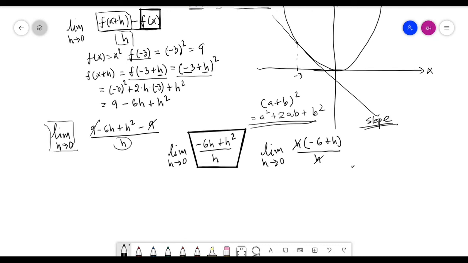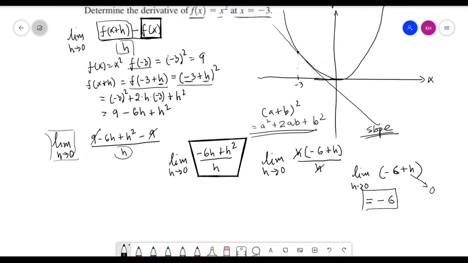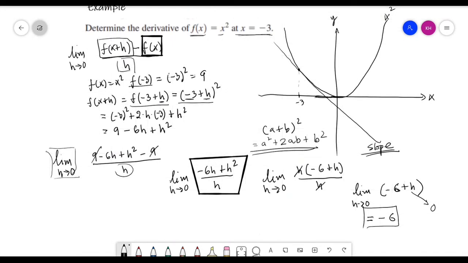So I'm left with limit of h going to 0 of negative 6 plus h. Now that I do not have anything that will make my function undefined, I can just directly plug in h equals 0. And that will give me my slope to be -6, which makes total sense because if you look at the diagram over here, we can see that the tangent line has a negative slope.